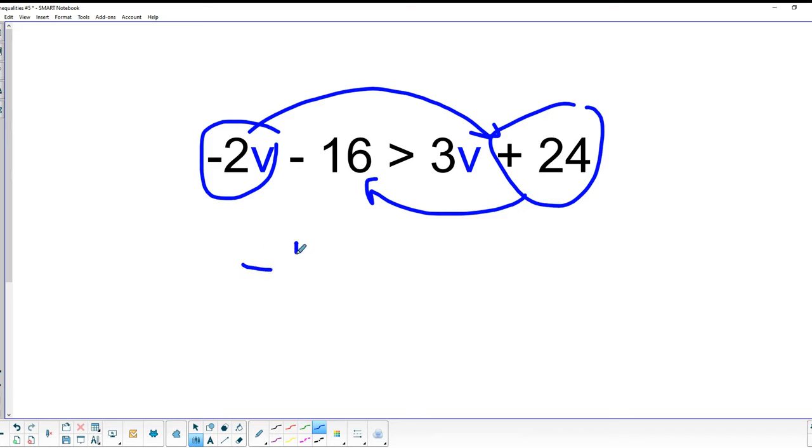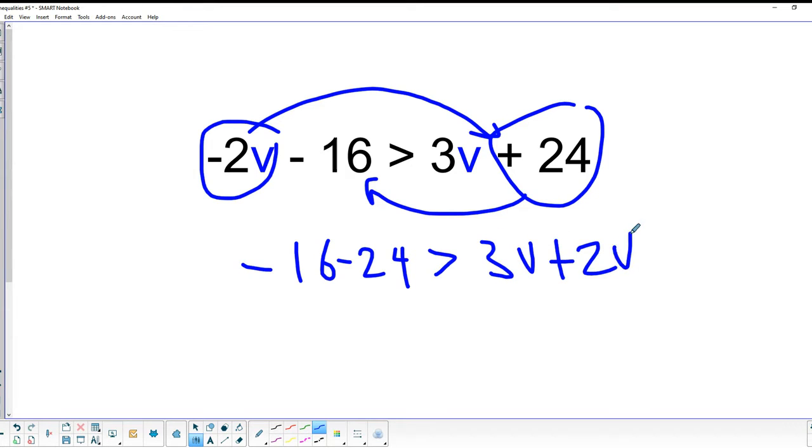So we'll end up with negative 16 minus 24 is greater than 3v plus 2v. So I end up combining everything on the left side. That's negative 40 on the left side and 5v on the right side.